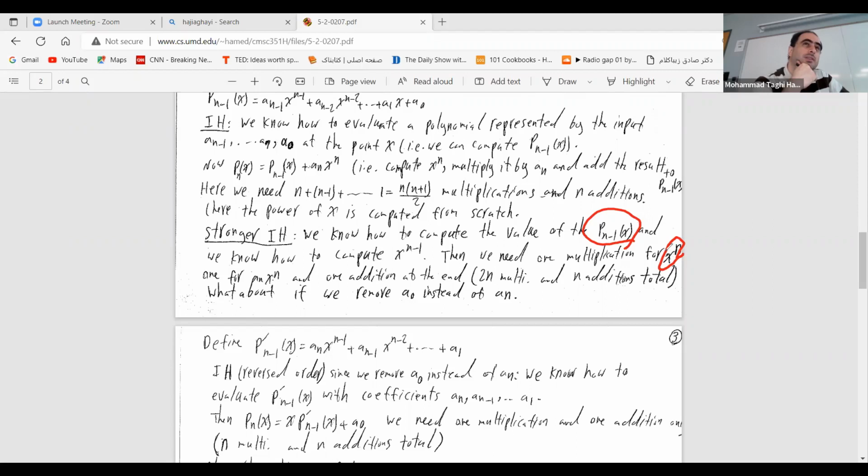Yeah. For each new term, you need 2 new multiplications and 1 addition. Yes. So here I'm actually saving because I also have x to the n. So assume that you also have x to the n minus 1 here.